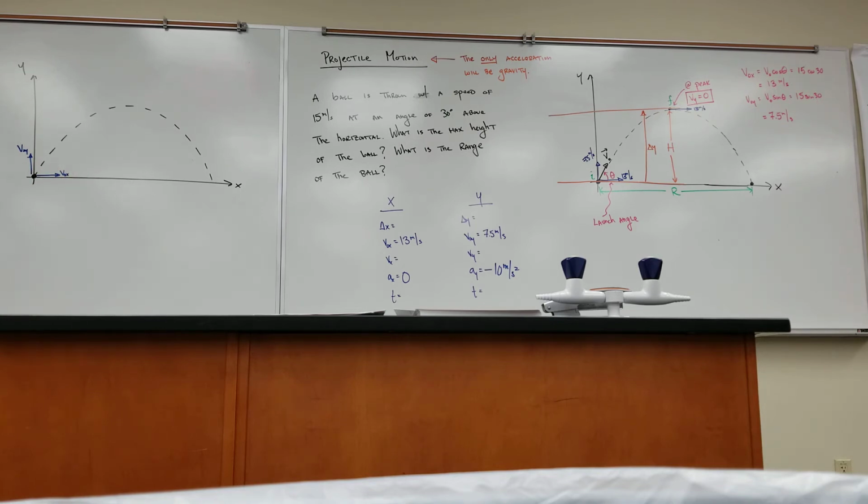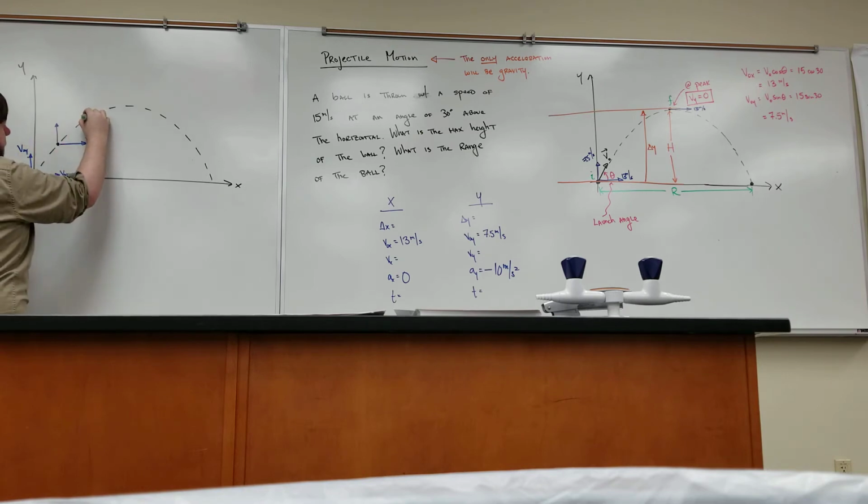Okay? That y acceleration only has an effect on the y direction. It has no effect on the x direction. So as it rises, this y velocity shrinks. So when it's here, the y velocity is going to be slightly smaller, but the x velocity is going to remain the same.